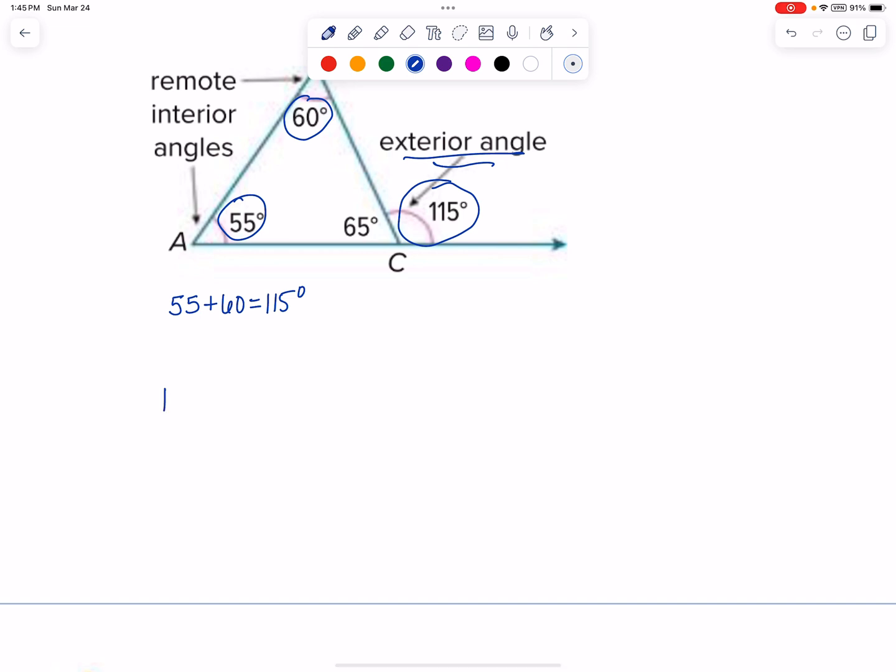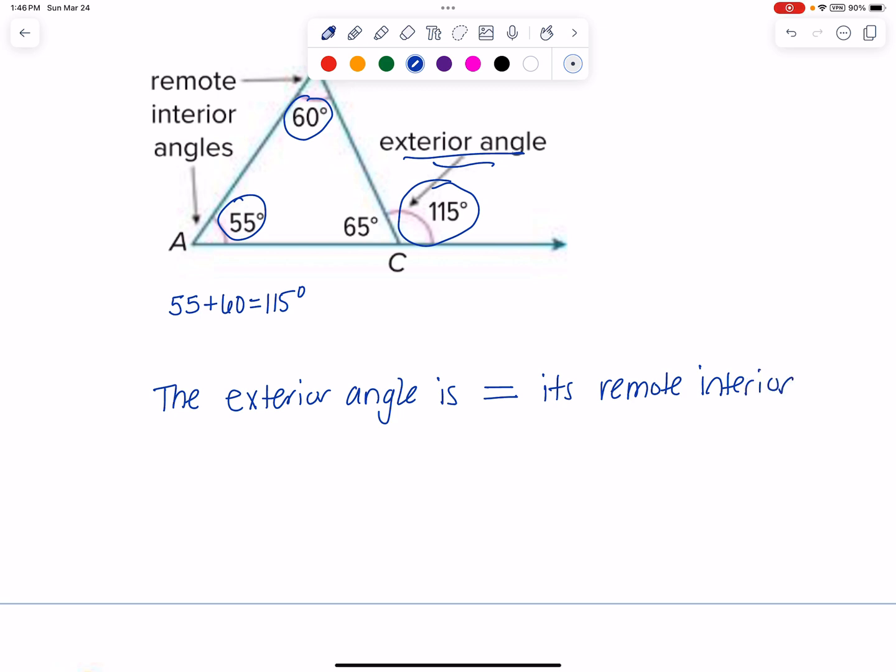The exterior angle, if you spell exterior correctly, unlike me, the exterior angle is equal to its remote interior angles. Or we should say the sum of.